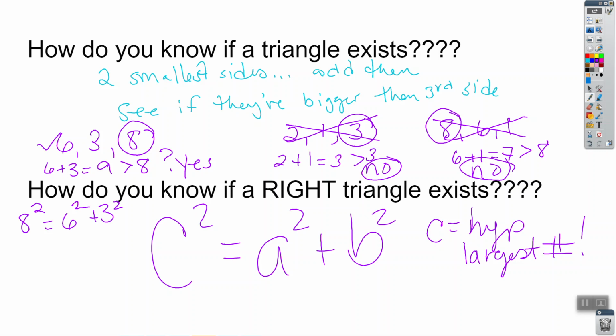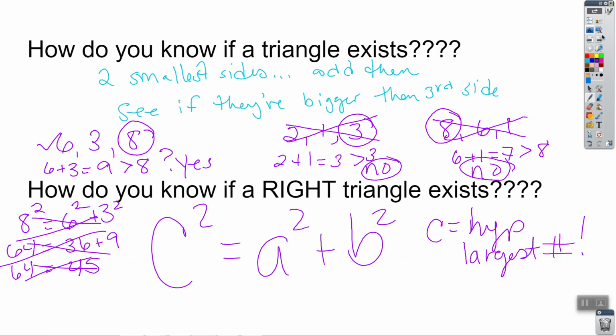It was the only one that was a triangle, so I can't prove that it's a right triangle if it's not a triangle. 64 equals 36 plus 9. 45 is equal to 64. Nope, nope, nope. Not a right triangle. It has to have that measure.